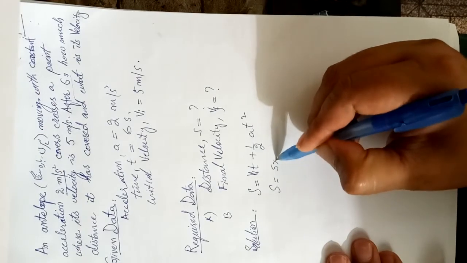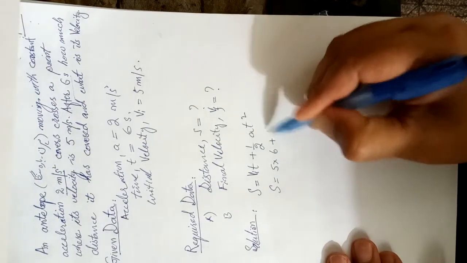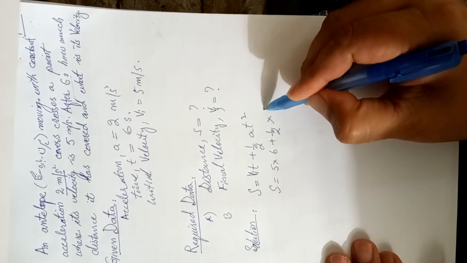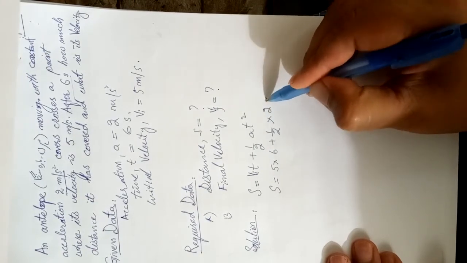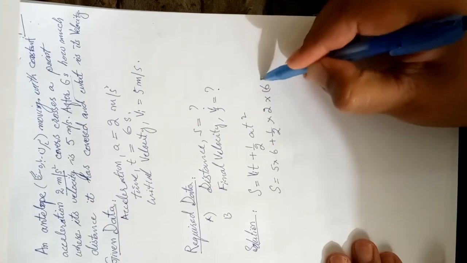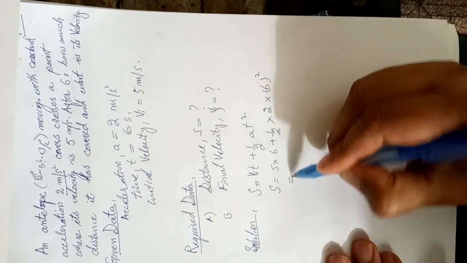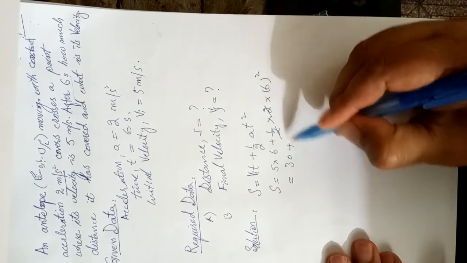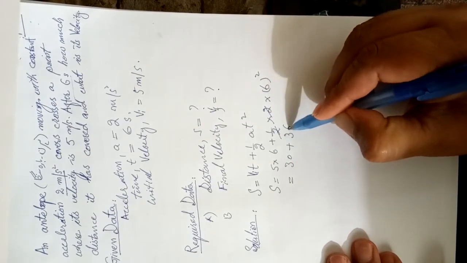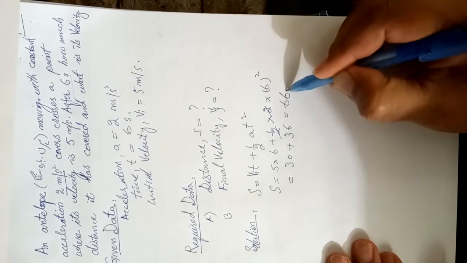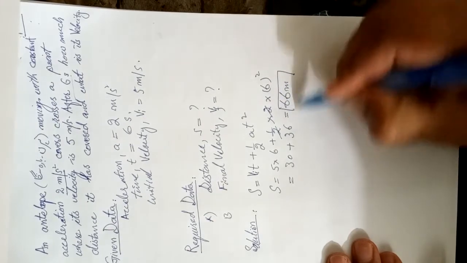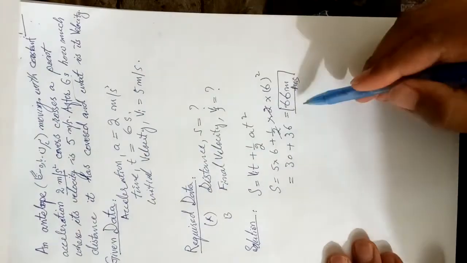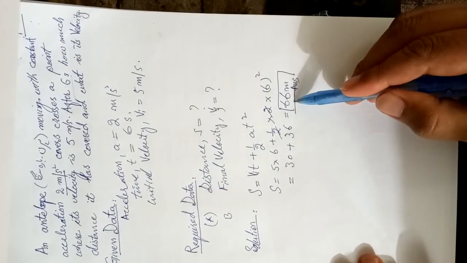Vi is 5, time is 6, 1/2 a is 2 meter per second square and t square is 6 square. 5 times 6 is 30, 2 cancels with 2, plus 36, we will get 66 meter. So the answer for part A is 66. It will cover a distance of 66 meter.